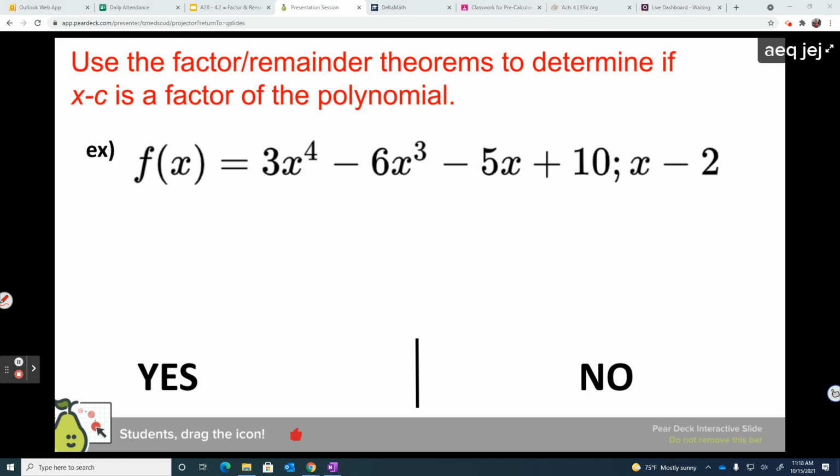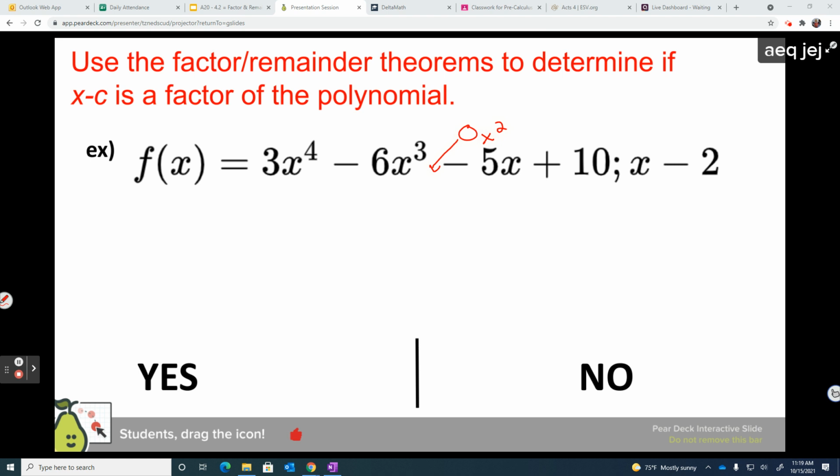So you actually have to put sort of an imaginary second power in there, so that when we write it out, we're going to put a placeholder of 0. Just think of it as a placeholder. So there's like 0x squared. You don't have to write it, but it'll help you remember when you write it out.